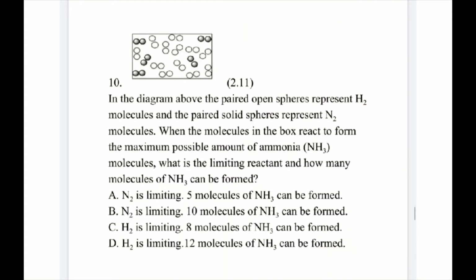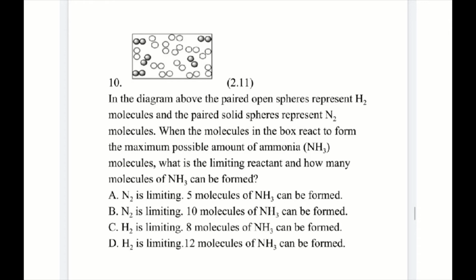Question 10. In the diagram above, the paired open spheres represent H2 and the paired solid spheres represent N2. When the molecules in the box react to form the maximum possible amount of ammonia molecules, what is the limiting reactant and how many molecules of NH3 are formed?